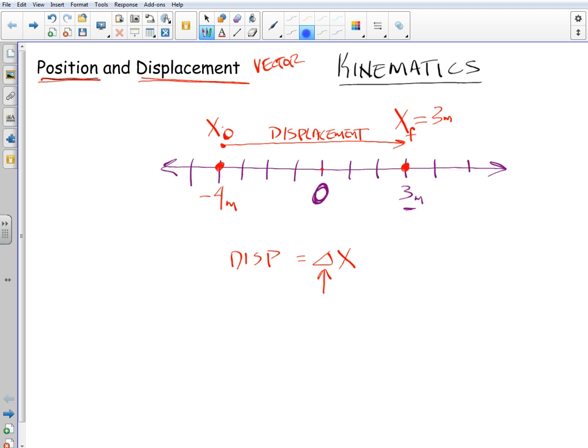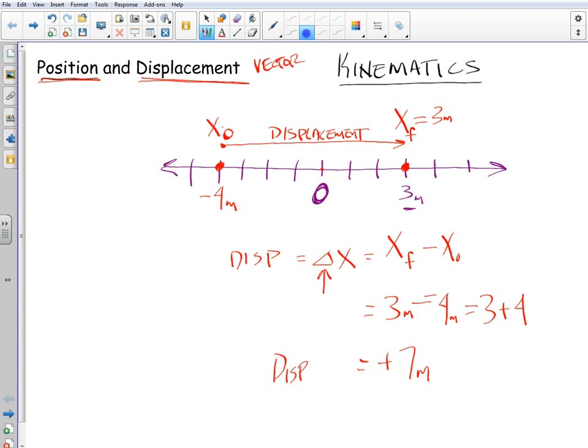Anytime you have a change in something, it's going to come up a lot in this unit, it's always the final minus the initial. So your final position minus your initial. Your final position was 3 meters minus your initial, which was negative 4 meters. Of course, 3 minus a negative 4 is just 3 plus 4. So I have a positive 7 meters as my displacement vector for the magnitude of my displacement.